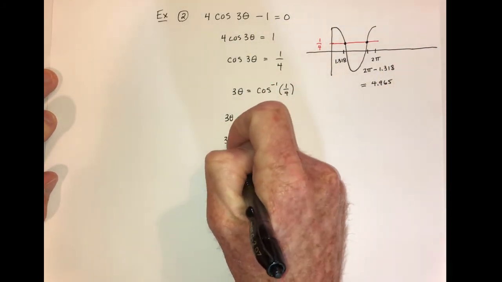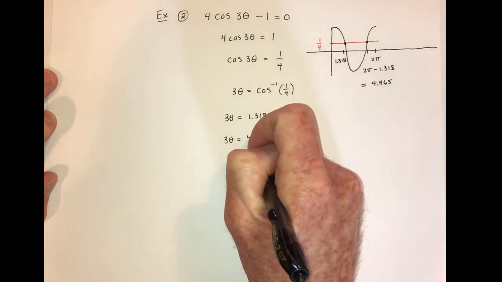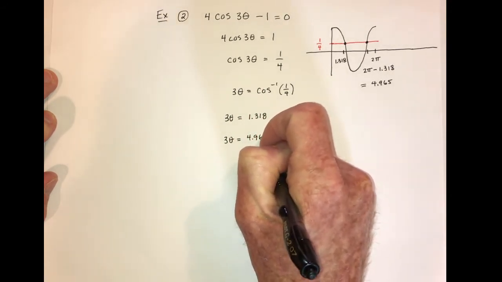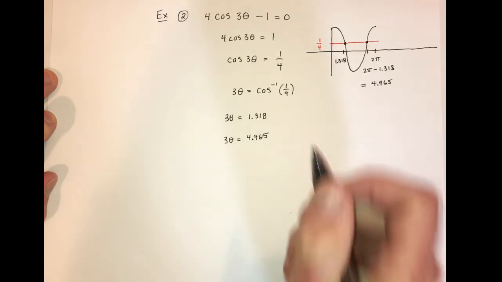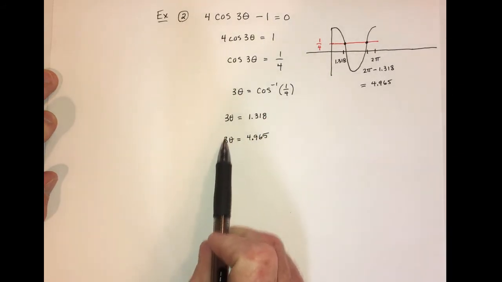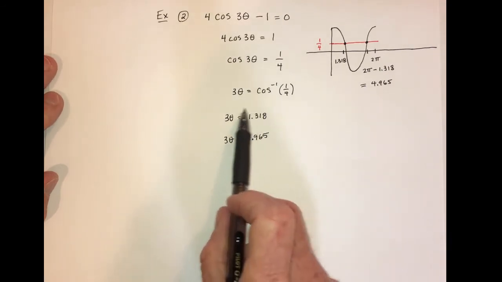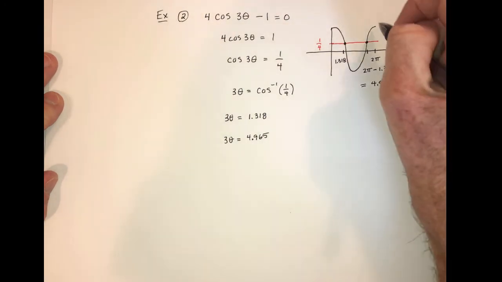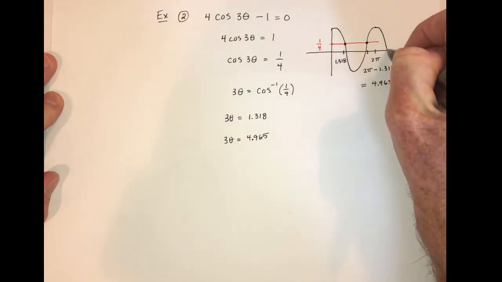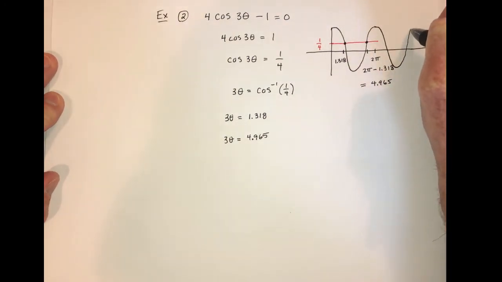So 3 theta equals 4.965. At the very end, we'll divide by 3, but not now. Wait until the very end. So these are the first 2 solutions, and we're going to need a total of 6 solutions.